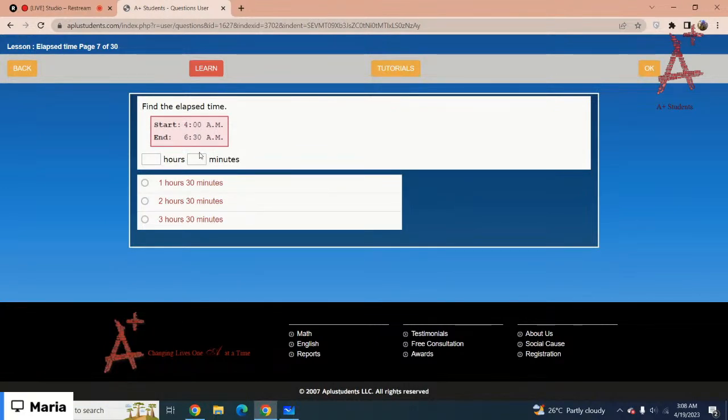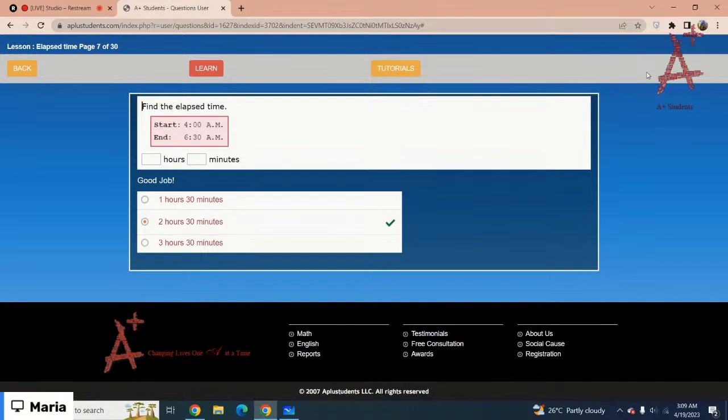Okay, elapsed time from 4 till 6:30. Which is the correct option? From 4 to 6 it is 2 hours, and then you have 30 minutes, so it would be 2 hours 30 minutes. Very good.